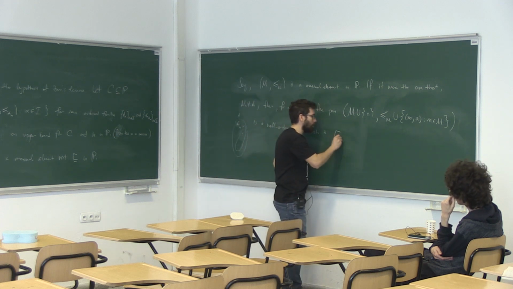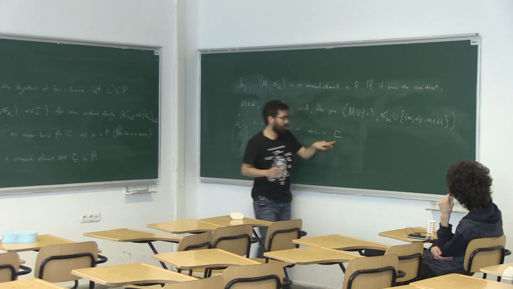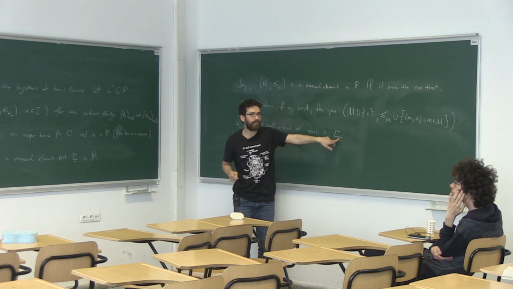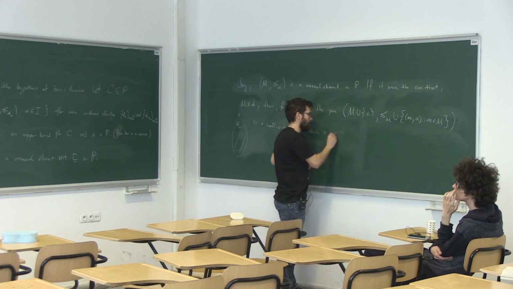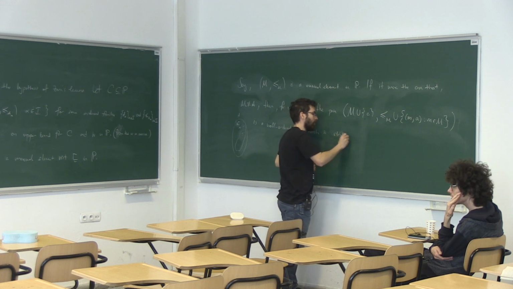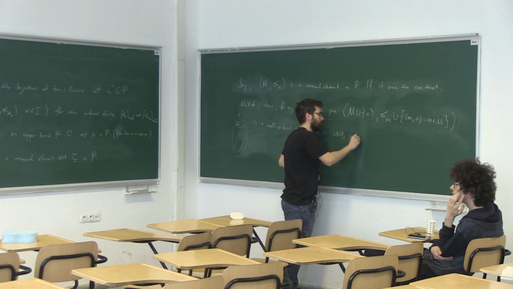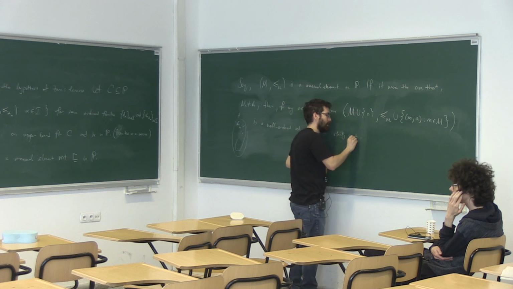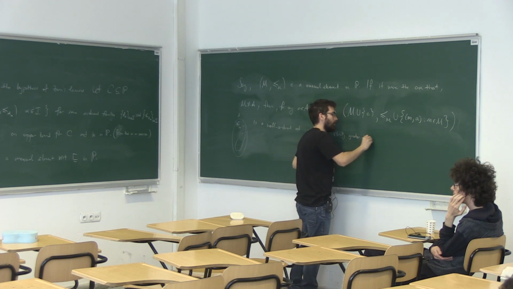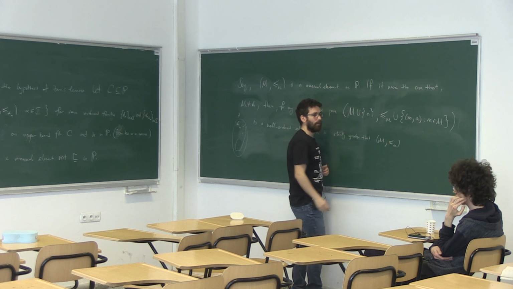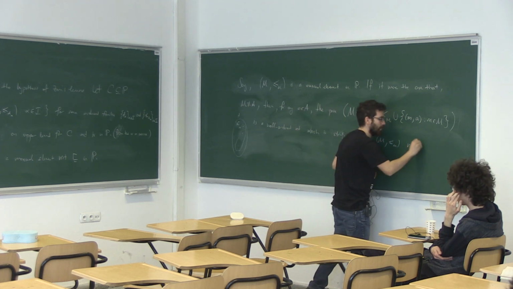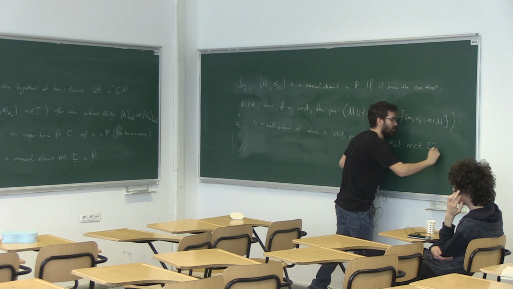So this is strictly greater than this tuple with respect to this square subset relation, okay?